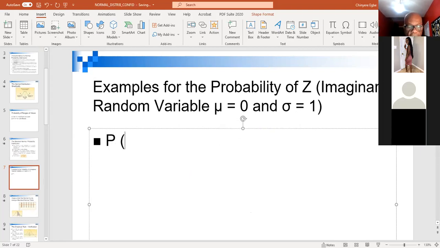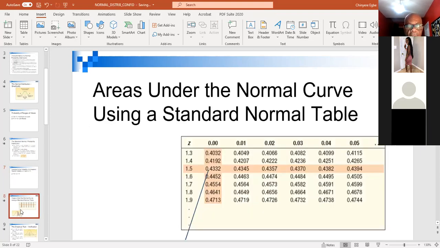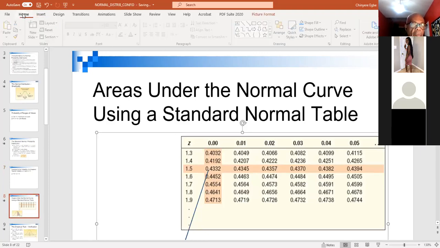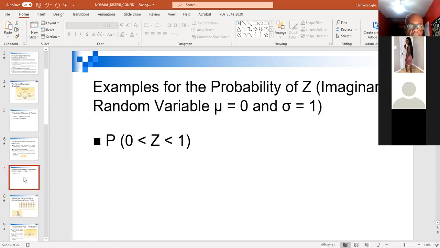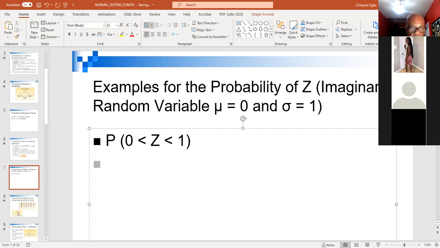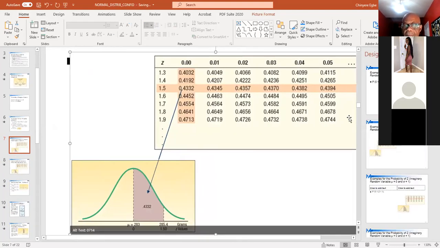We're going to ask ourselves, what is the probability that Z is between 0 and 1? What is the probability that Z is between 0 and 1? We're going to use the table of normal distributions.